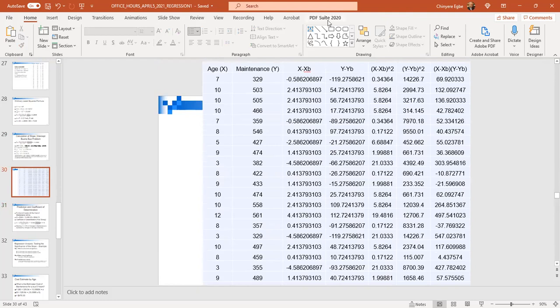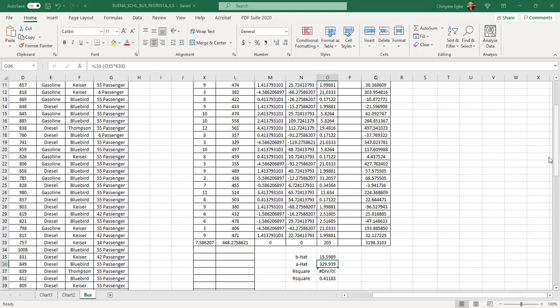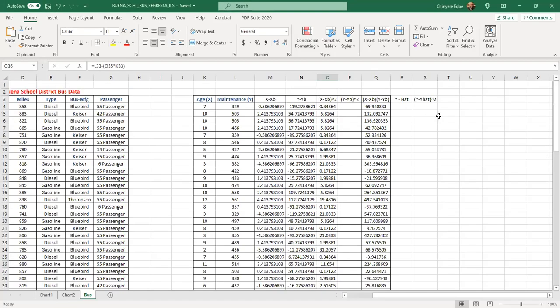So I will stop sharing this. Let us find y minus y bar squared. So this is y minus y bar squared. We take y minus y bar in this column and we square it.